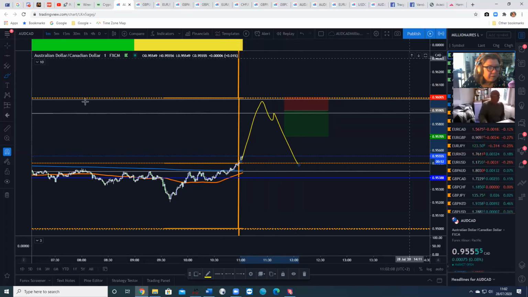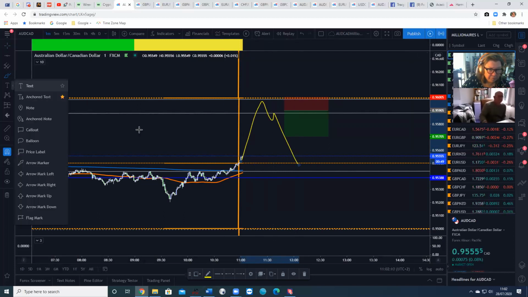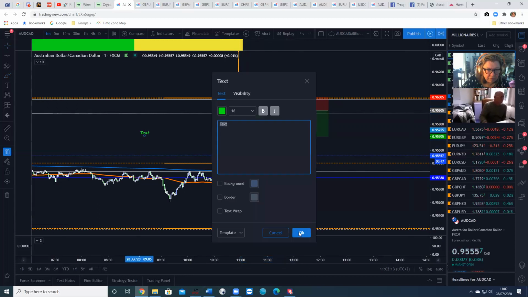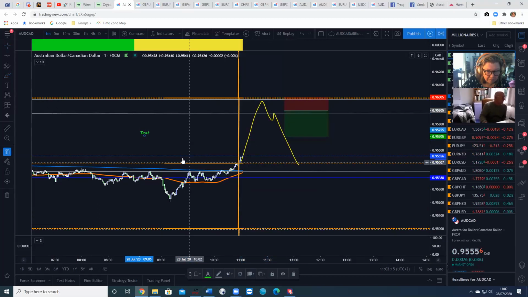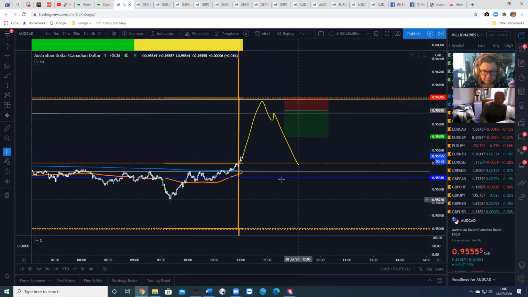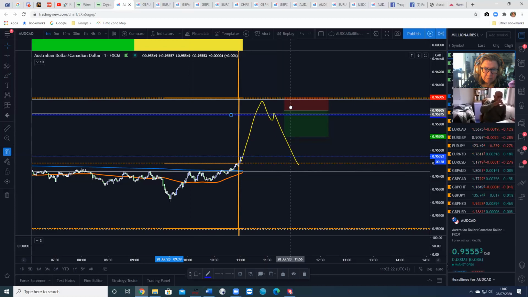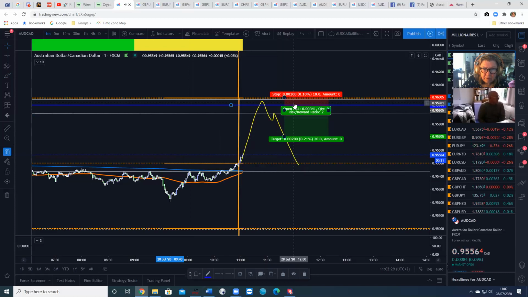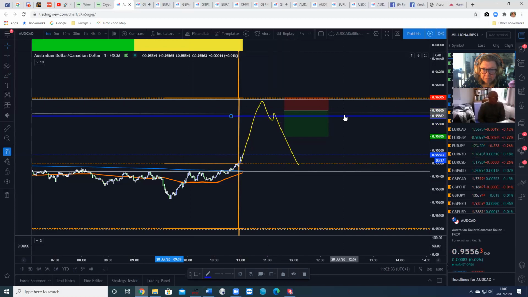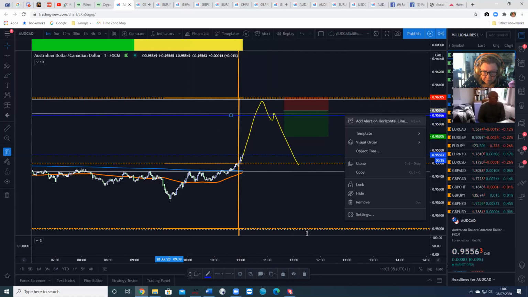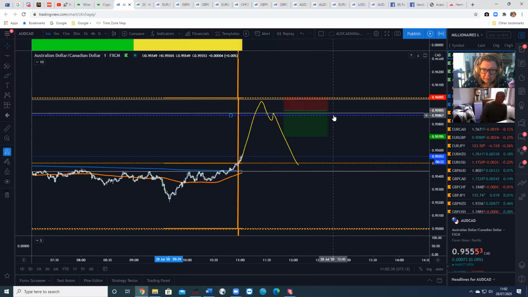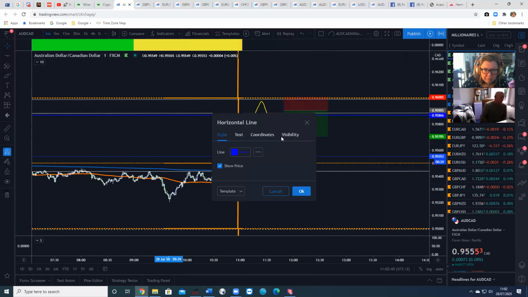It could carry on up, I don't know. So what I'll do is move my alert up to see what it's doing, because I'd want to cover that. I'll put it here and come back and look at it when it reaches that point.